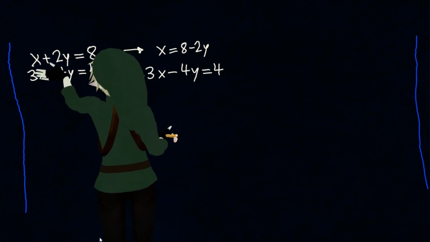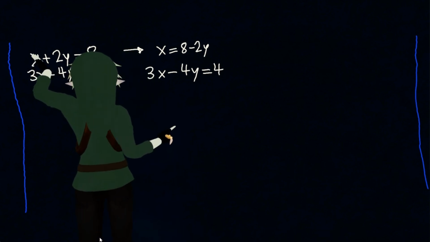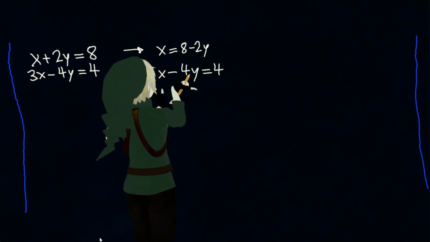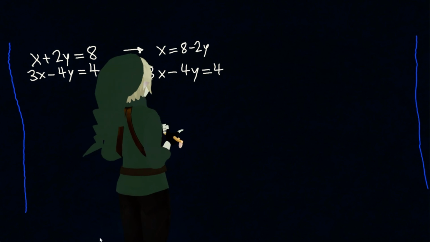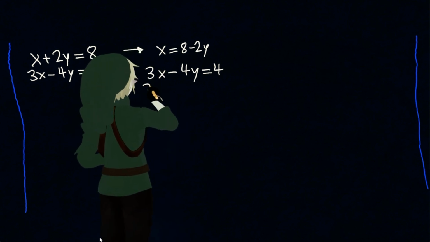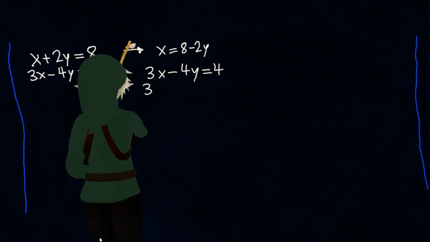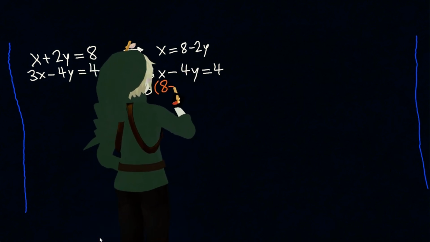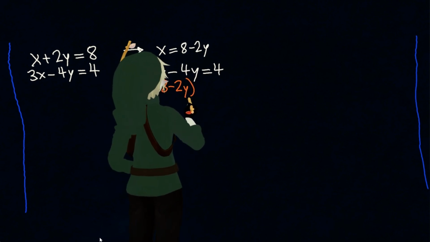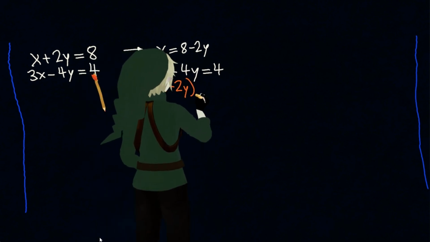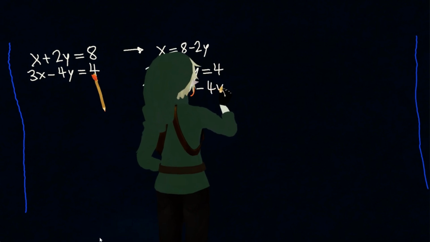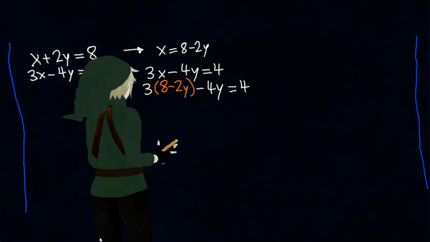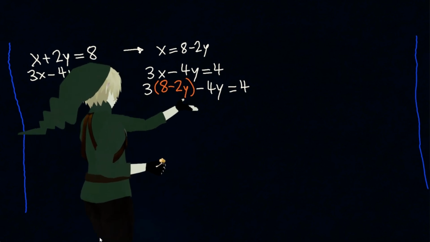Whenever you see some variable that does not have any number next to it, we can turn it into this and just shove it into whatever this equation says. So we'll have 3, and I'm going to write parentheses, 8 minus 2y, minus 4y equals 4. Okay? So it'll look like this.